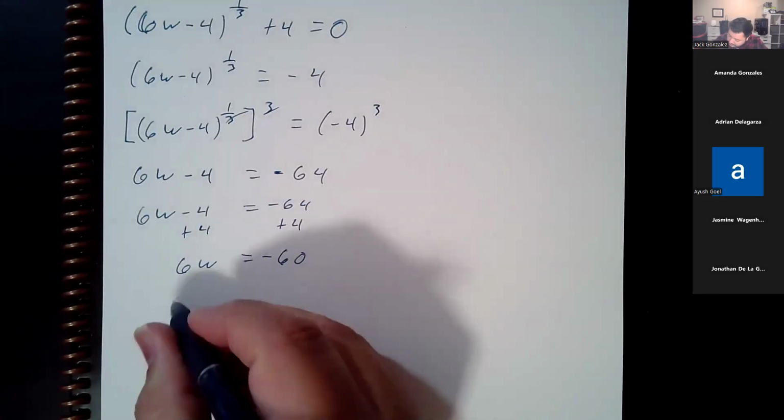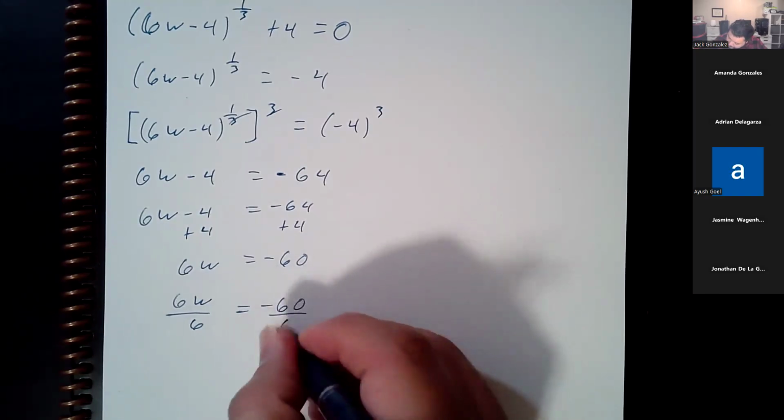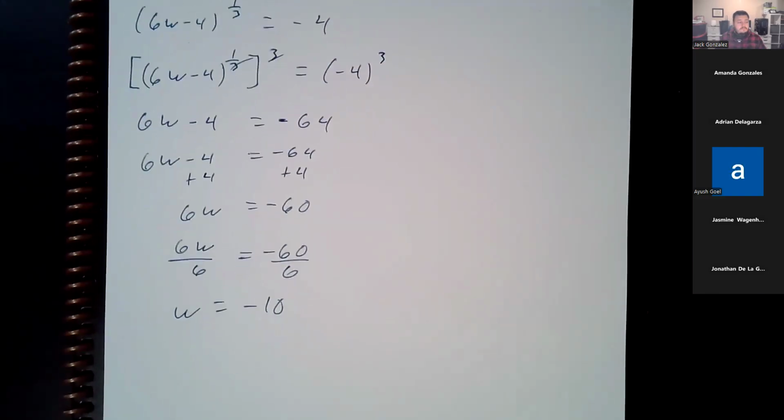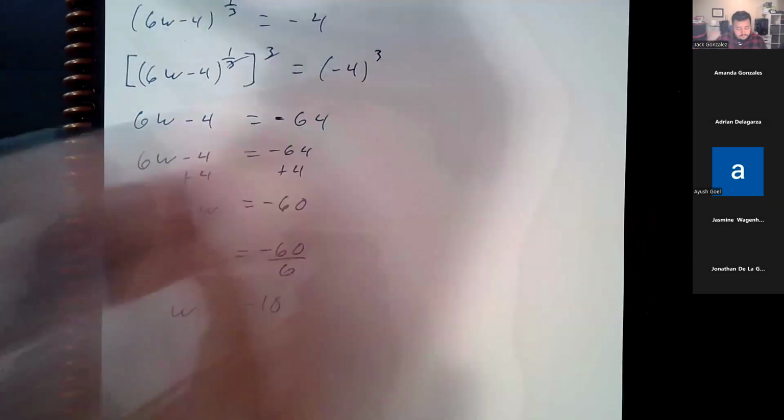Divide by 6, and we're good. There we go. W is equal to negative 10. Do you see how it's the same? It's just instead of a root symbol, you have a 1/3.